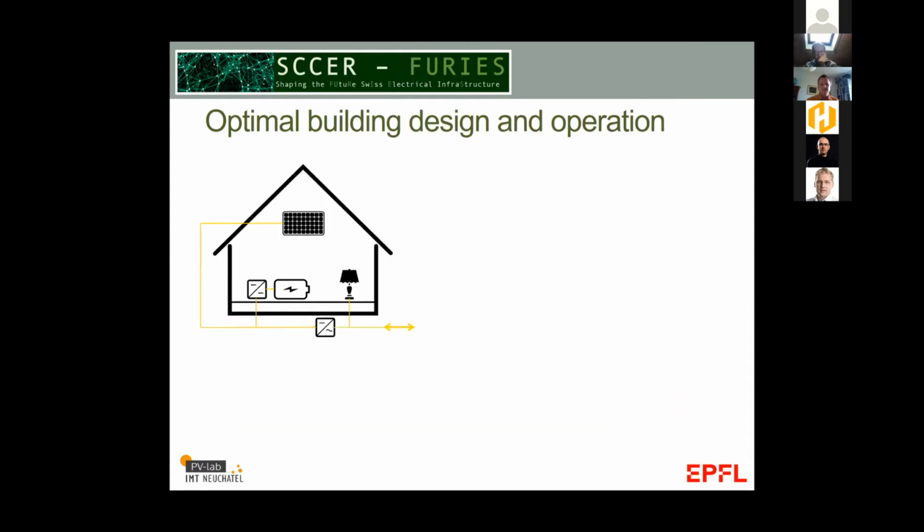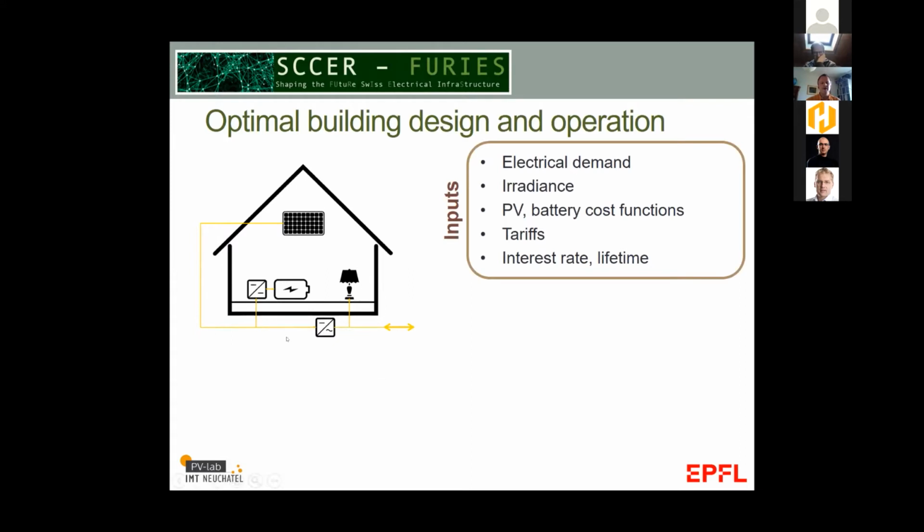So for this optimization, basically we optimize both building design and operation. By building design, I mean the size of the PV system and the size of the battery, taking into account the electricity demand, the irradiance, the cost function for the PV and batteries, the tariffs, interest rate, and lifetime of the installation.